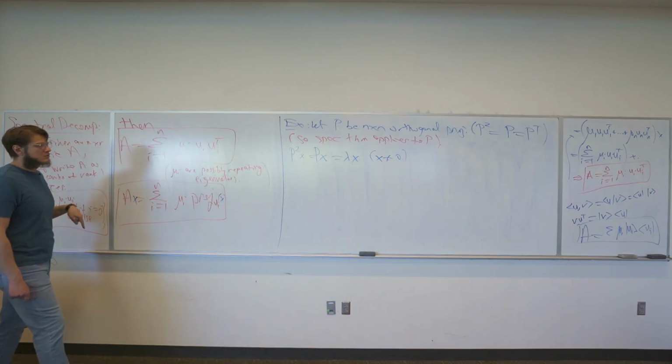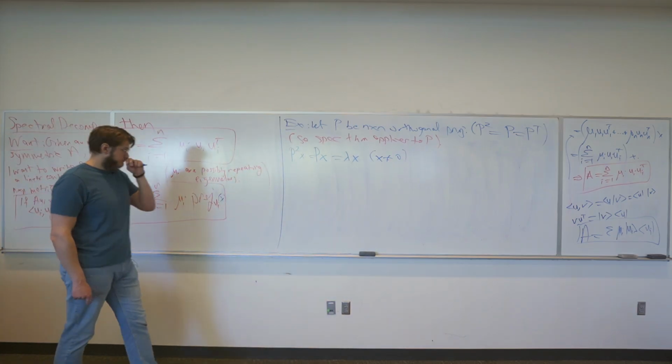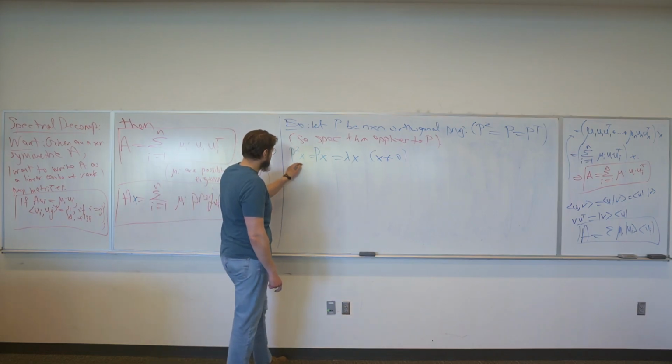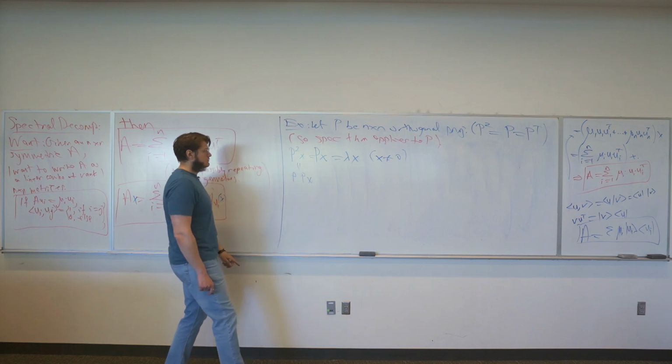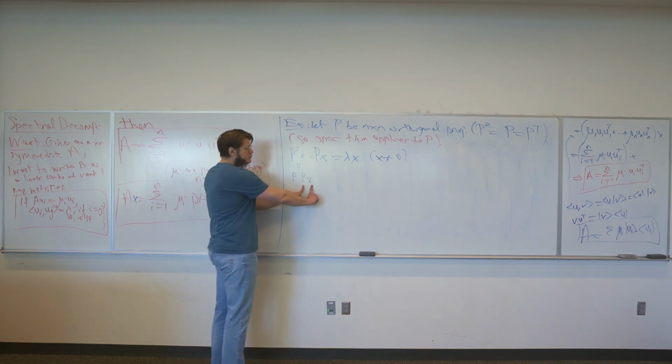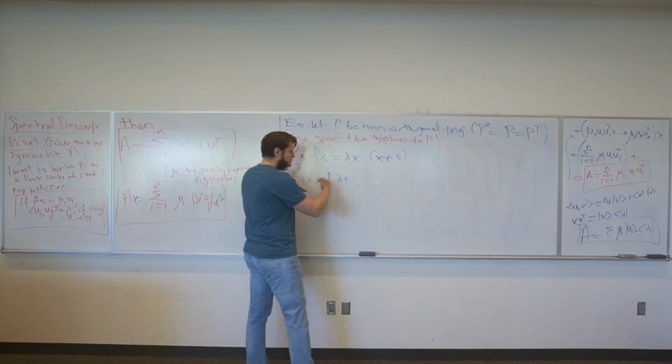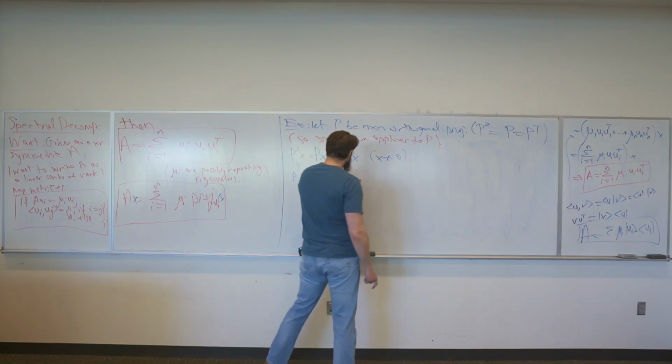Exactly. But P squared x is P times Px. This would give me P lambda x. Take the lambda out. Lambda is a scalar.